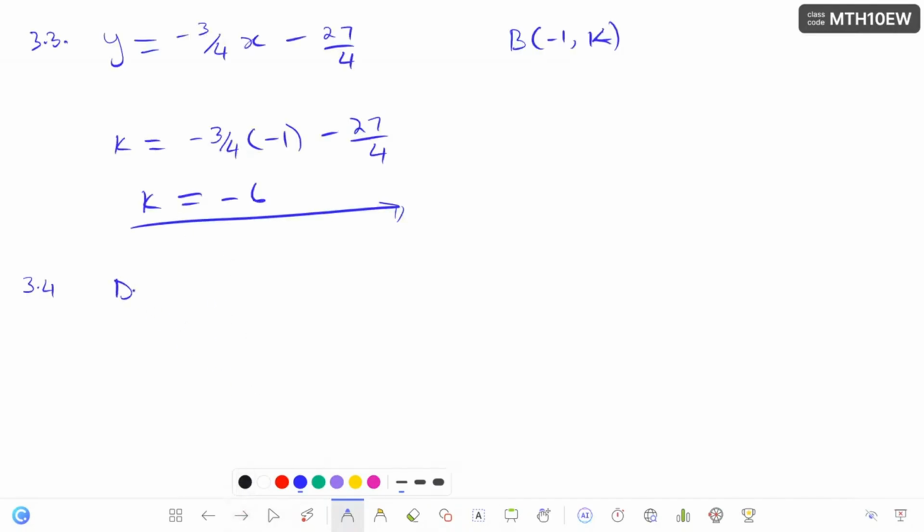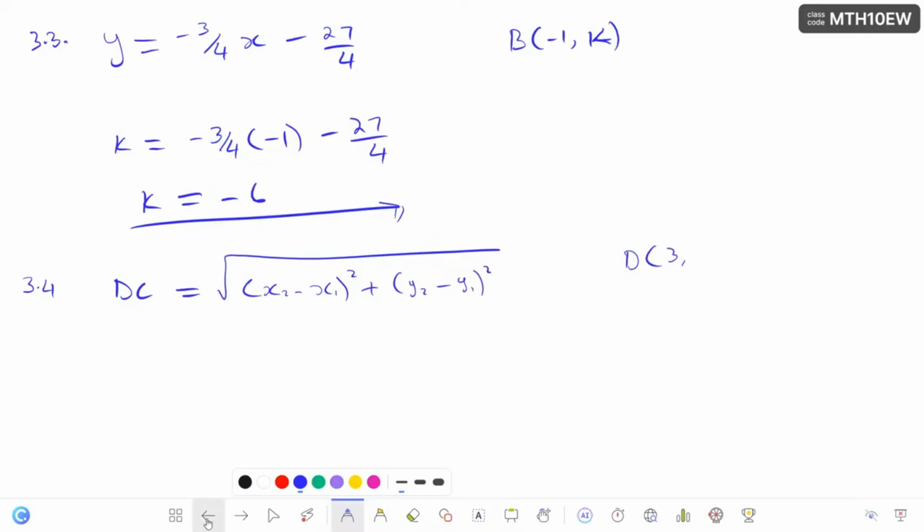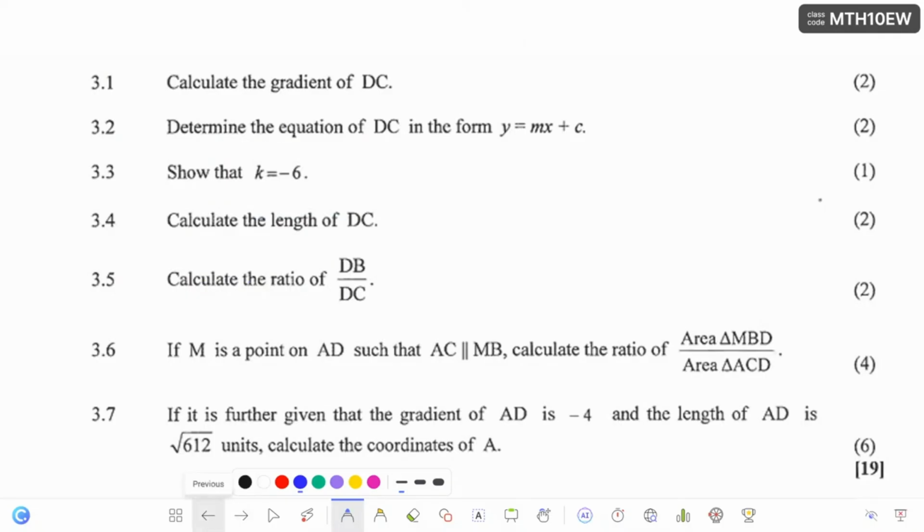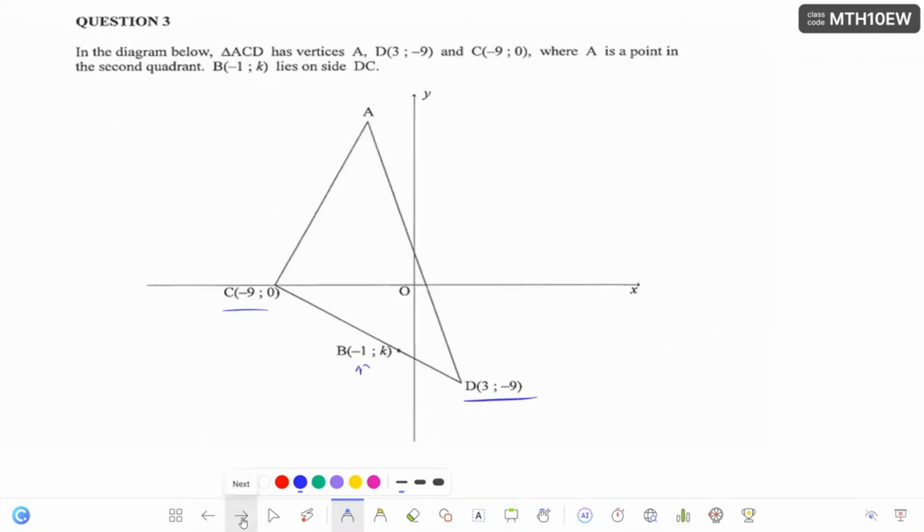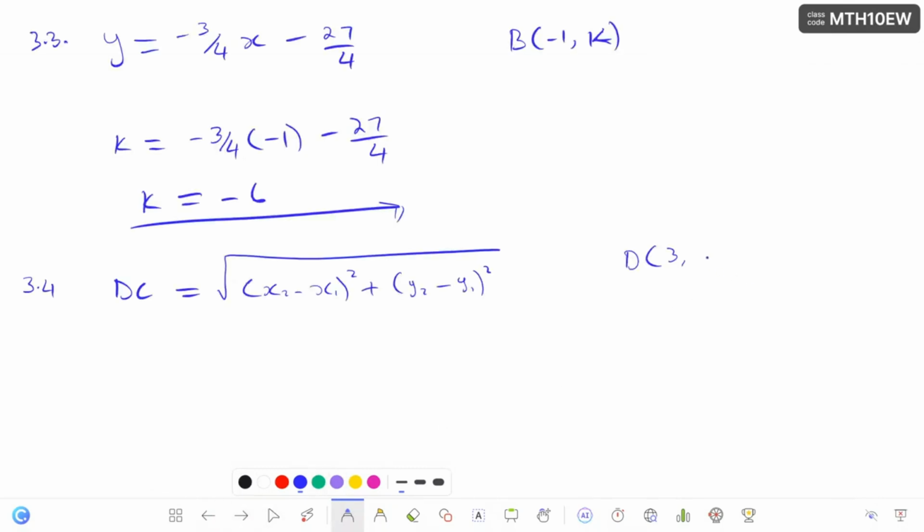So length DC is equal to the square root of x2 minus x1 squared plus y2 minus y1 squared. So we have the coordinate D, I think it's 3 and -9. Let me check again. Yeah, 3 and -9. And then C is -9 and 0.